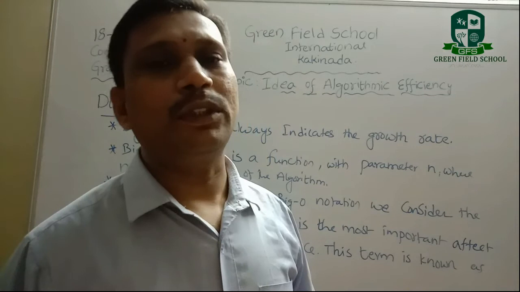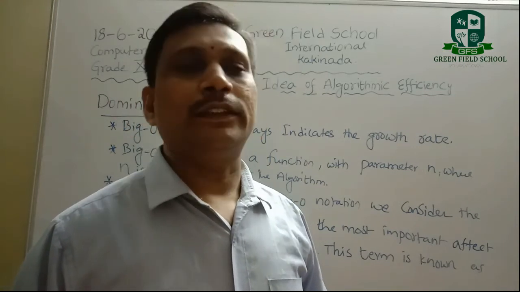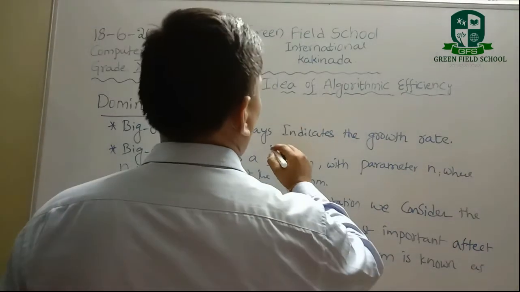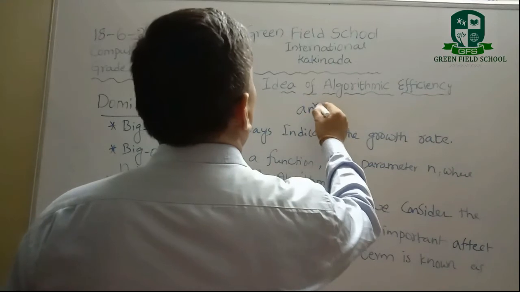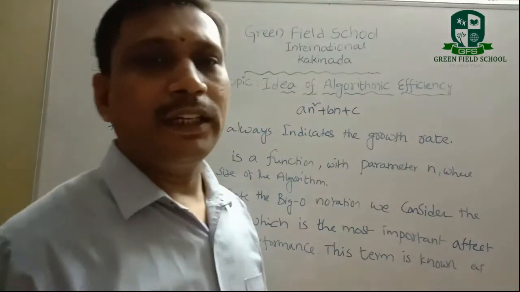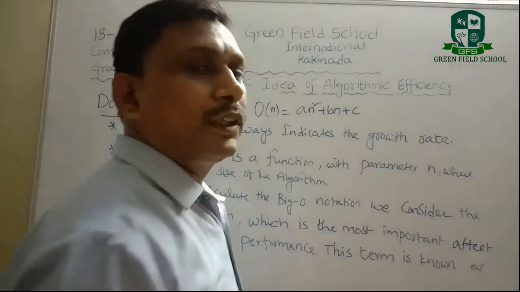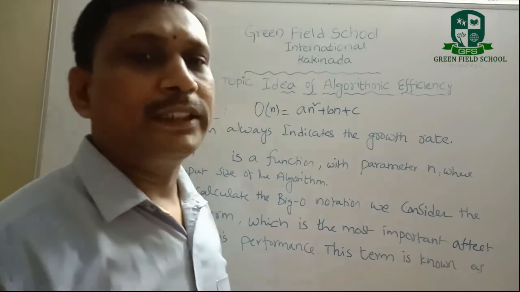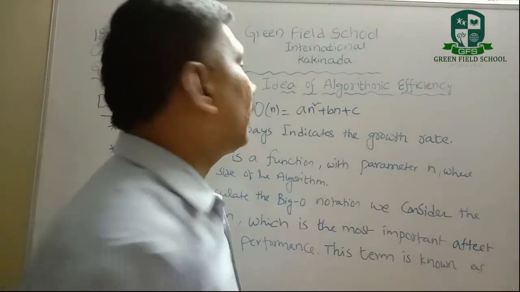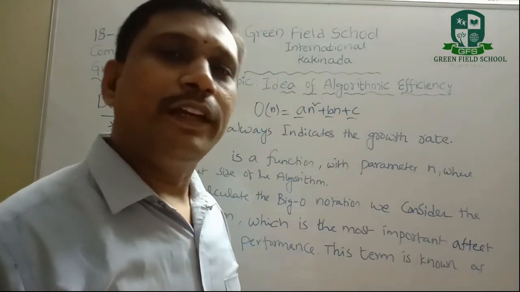Suppose, for example, one algorithm consists of a n square plus b n plus c, the order of n. Here a, b, c are variables.